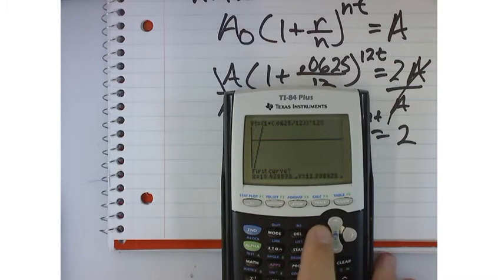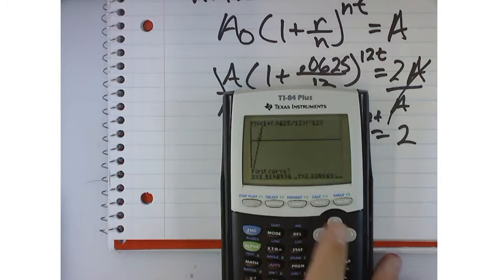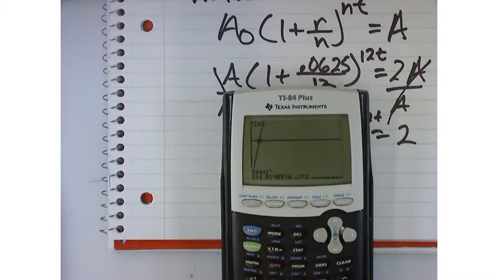Well, where the heck is it? My x value is pretty darn close to 0, right? So I'm just going to keep lowering this until, oh, there it is. See what I did? I want to get as close as I can to the intersection. Hit enter. Now my second curve should be about the same spot. And then I'm going to hit guess.